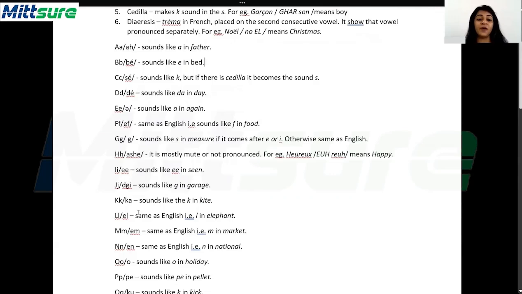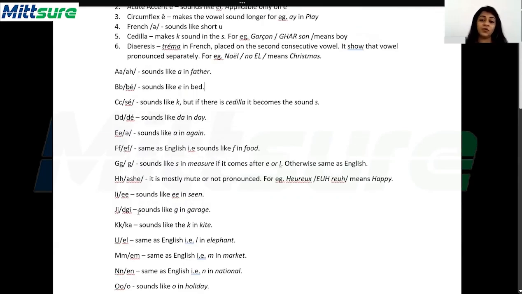Let's read the alphabets of French only. You can read it with me. Let's start.